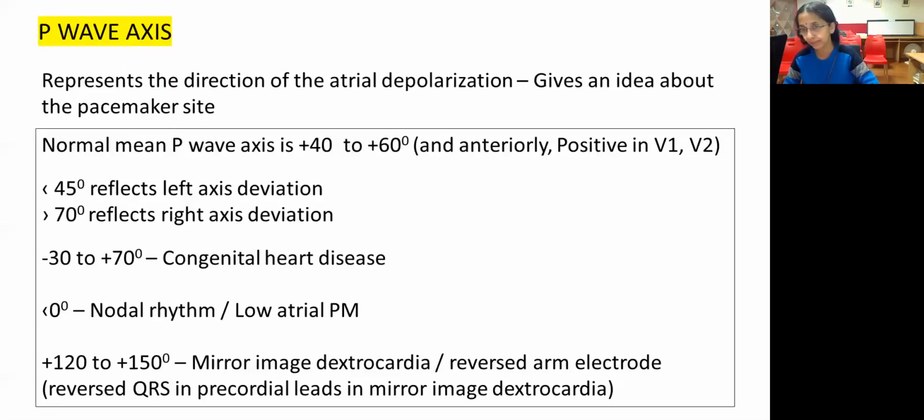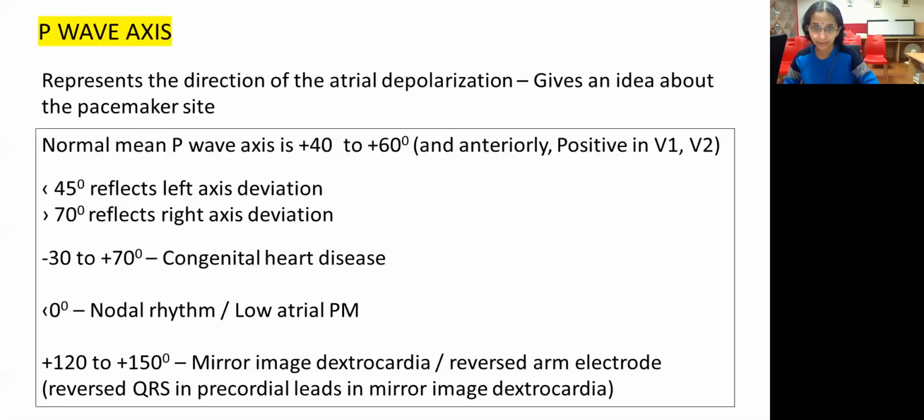So that means it's between plus 40 to plus 60 in the frontal plane. We are not talking about the horizontal plane. If you consider the horizontal plane, then we will see how the P wave axis is there in the horizontal plane. And as we saw the P wave understanding in the last class, we know that it's more directed anteriorly.